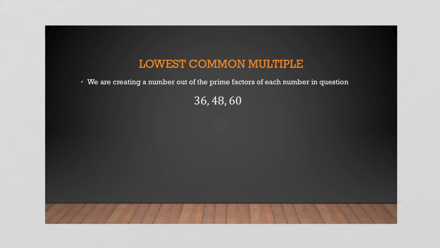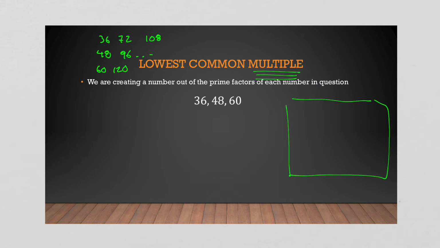A lot of times people get this confused with common factor because they see the word lowest, but multiple is the important word. The multiples of these numbers are bigger than them. 36, 72, 108. They are multiples of 36, okay? 48, 96. You are getting multiples, 60, 120, which means if we are creating this lowest common multiple, we're creating a number, okay?